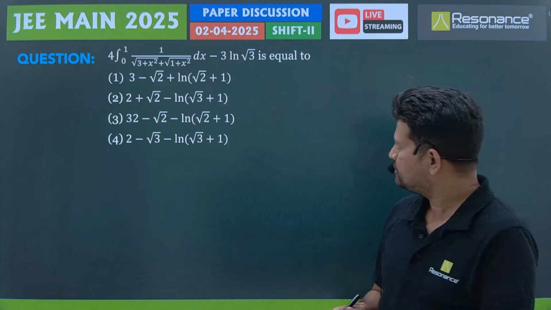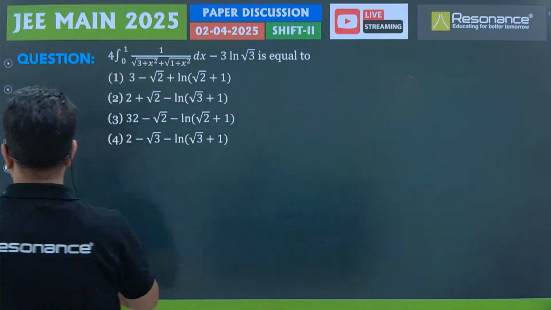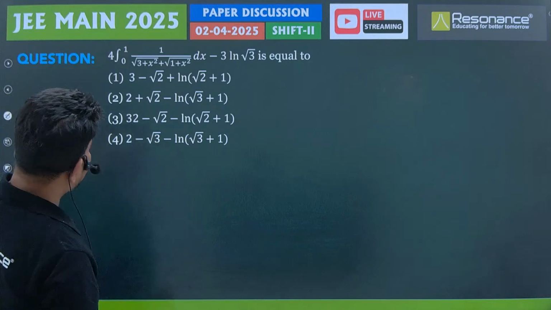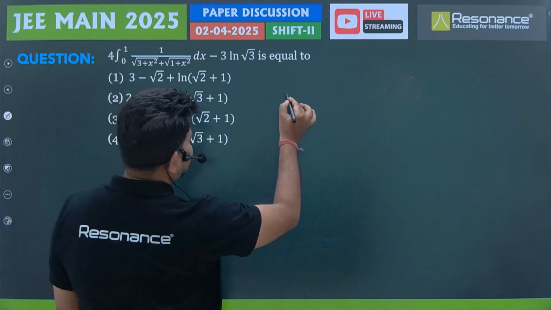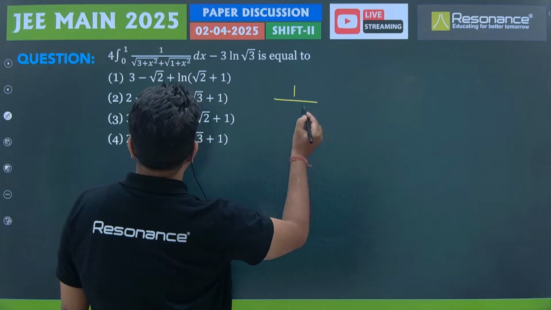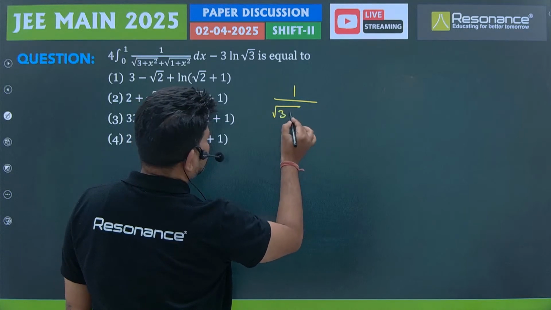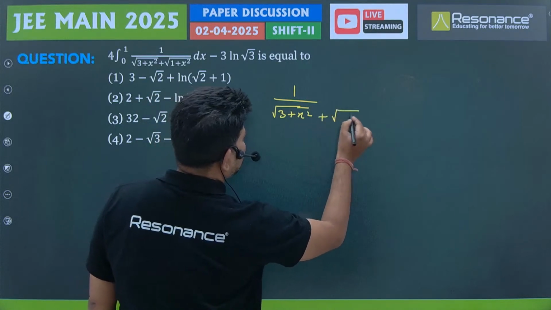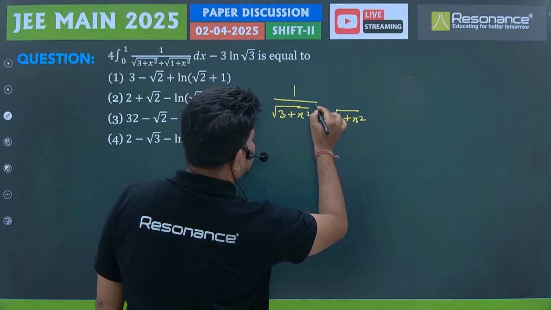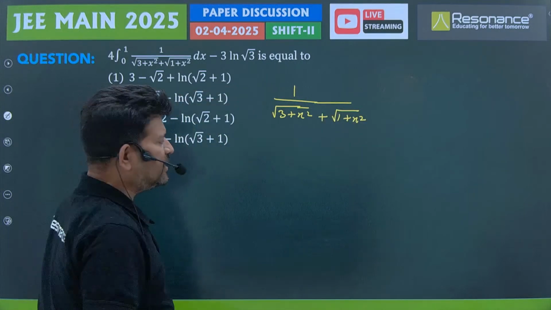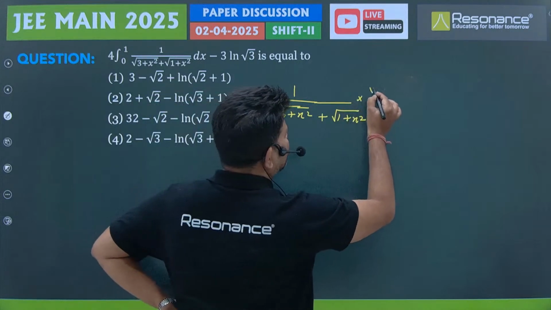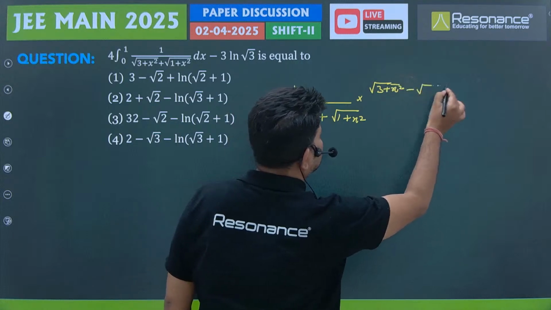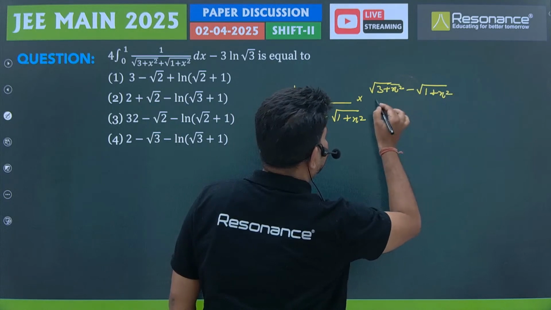Just see here. This one you can rationalize. How can we rationalize it? 1 by root of 3 plus x square plus under root of 1 plus x square. We multiply by root of 3 plus x square minus under root of 1 plus x square.